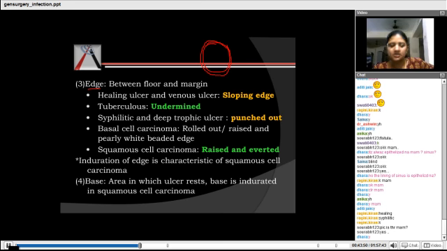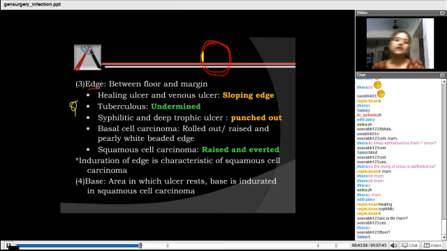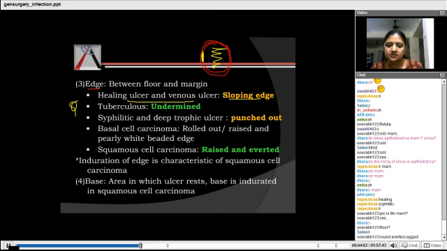Yellow color is the edge. What are the different types of edges we have? Very important for MCQ again. A healing ulcer and a venous ulcer will show a sloping edge.